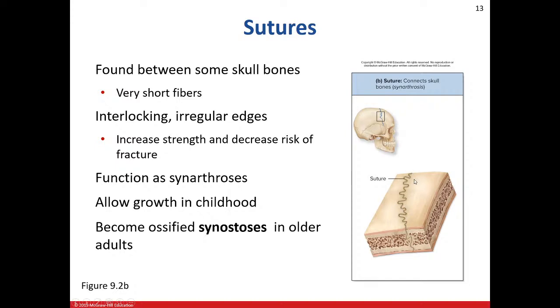And so if you look at the skull of someone who is, say, 70, 80 years of age, many of the sutures will have disappeared entirely as the bones of the skull have fused together. So if you are a forensic anthropologist or someone just interested in forensics, this is another one of those markings that you can use to determine the age of an adult skeleton.